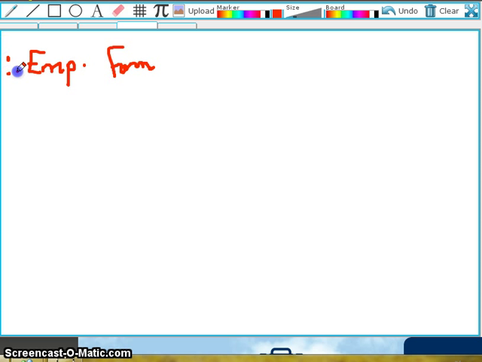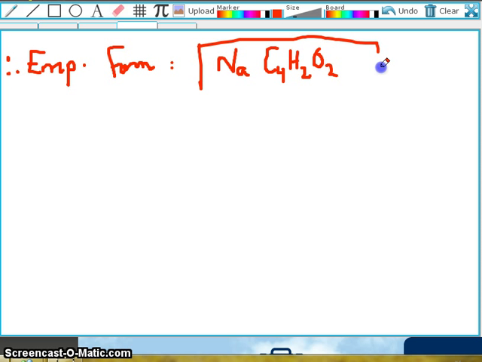So we have 1 sodium, 4 carbons, 2 hydrogens, and 2 oxygens. So that is your empirical formula, right?